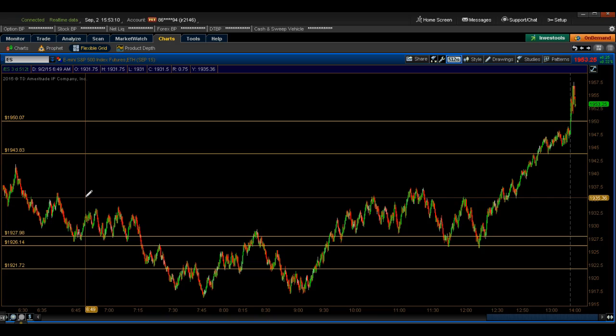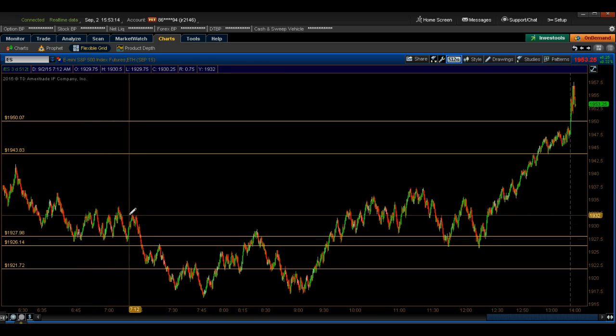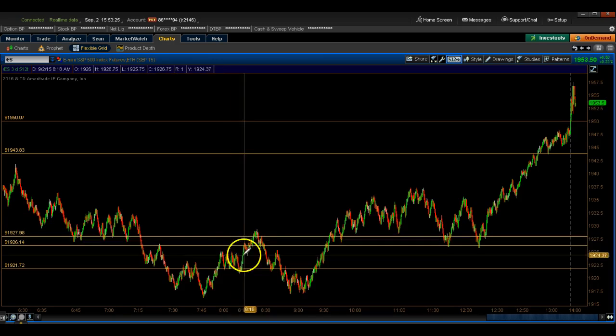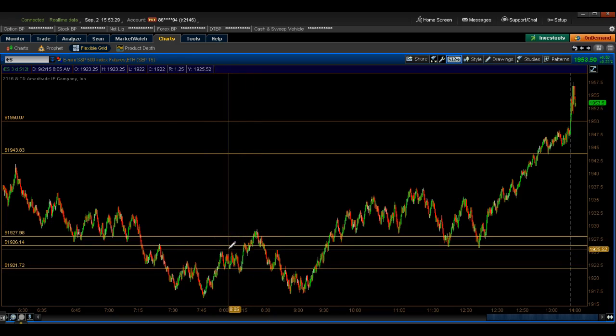The problem is you're going to get whipsawed a lot more than on the 15-minute, okay? So when you're looking at trends, the easiest is going to be the bigger time frame. As you start getting to smaller and smaller time frames, it's going to get a lot more choppy, and you could get shaken out of trades a lot more, okay?